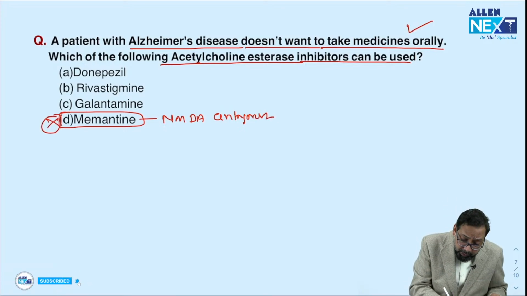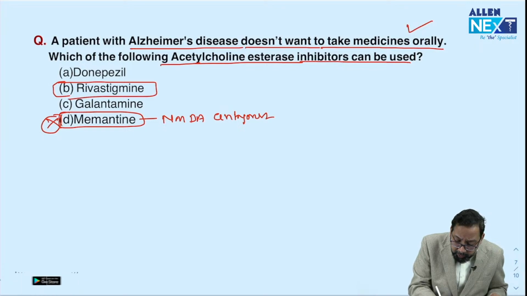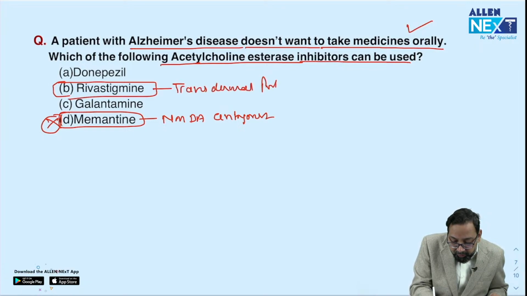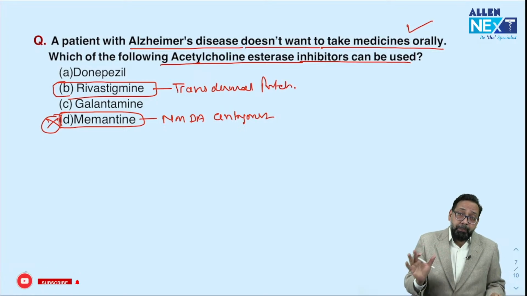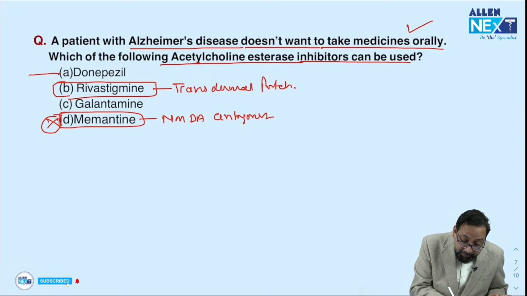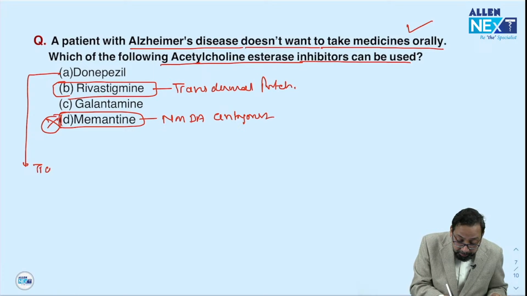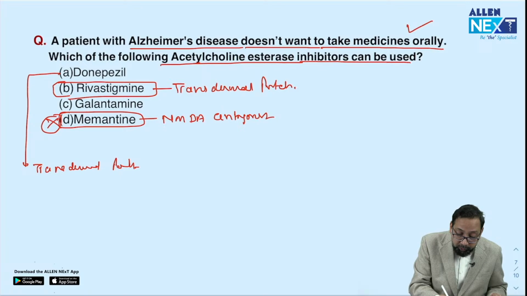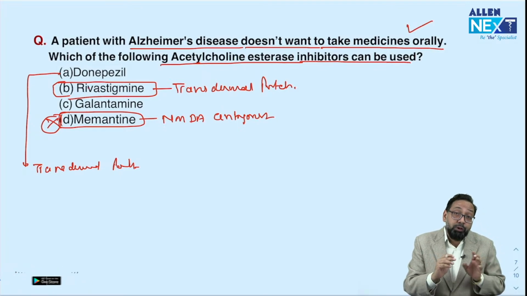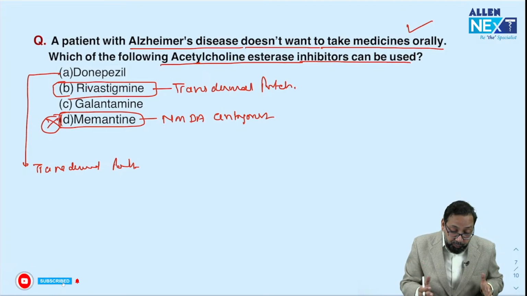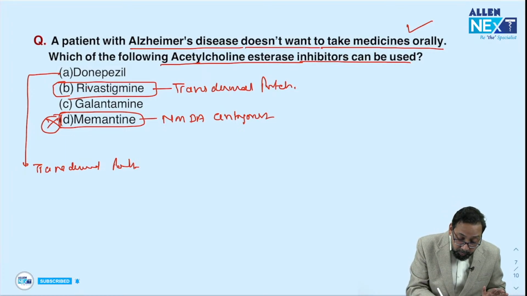Now, rivastigmine has been used as a transdermal patch for a long time, and donepezil was recently approved as a transdermal patch. Means both rivastigmine and donepezil. In this question, if they have given recently approved, then the answer would be donepezil.